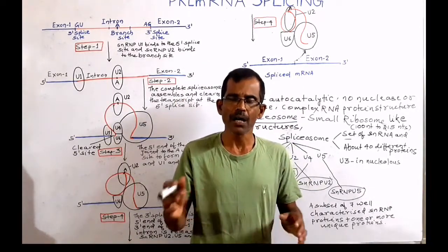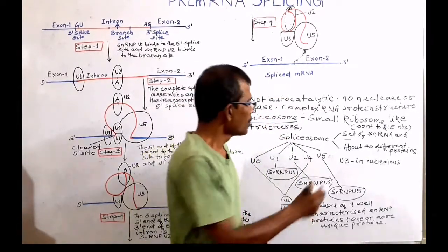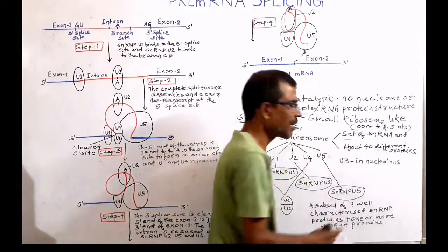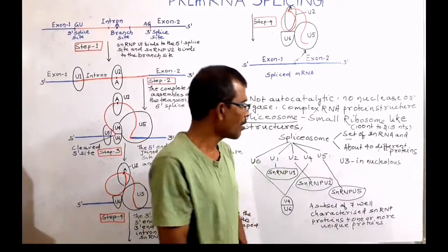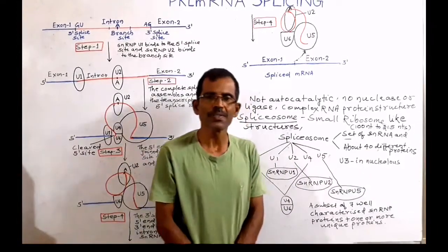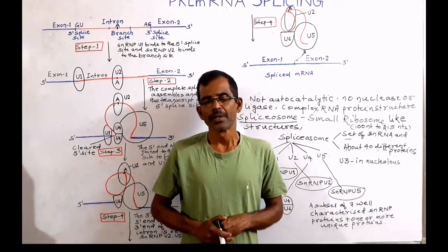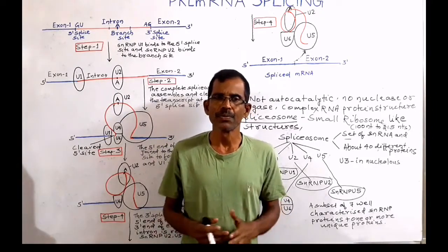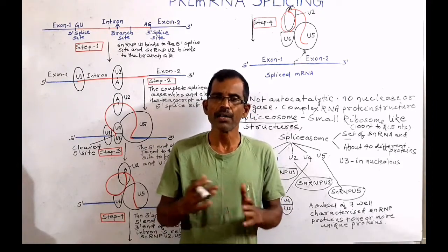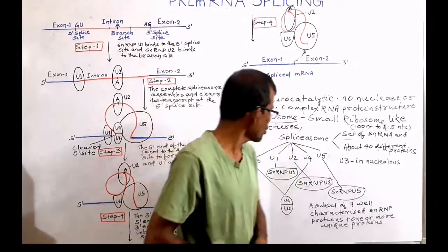Spliceosomes are like small ribosomes. They contain a set of small nuclear RNAs and about 40 different proteins. Spliceosomes are ribonucleoprotein structures. They are composed of different small nuclear RNAs and different types of proteins.